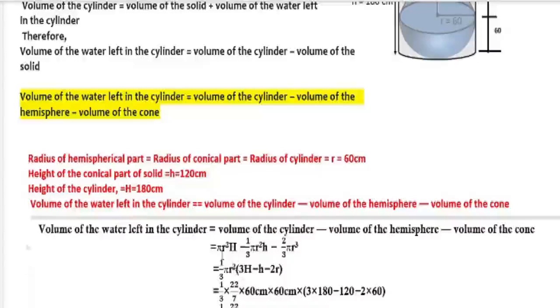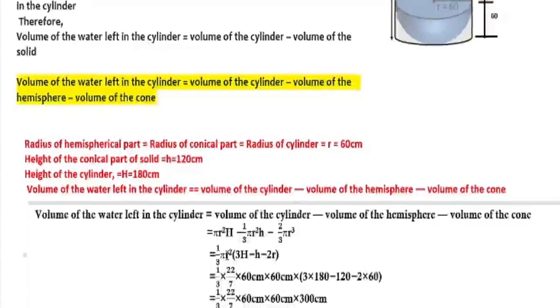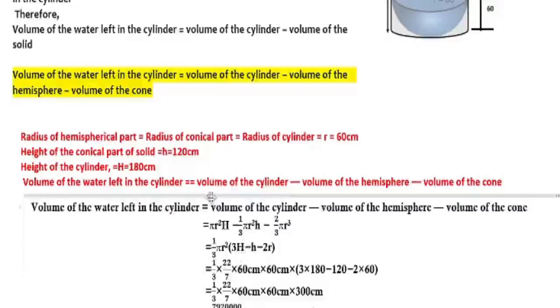Here you can see 1 by 3 pi r square is a common factor, so we can take it outside, and inside the bracket you can write 3H minus h minus 2r. So it is clear that capital H means height of the cylinder and small h is the height of the cone.